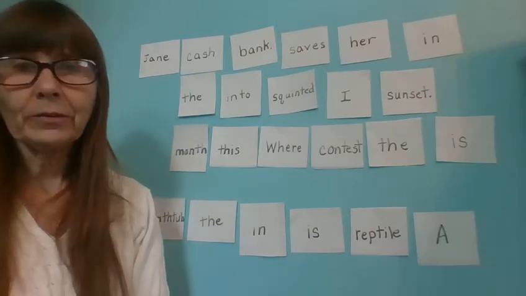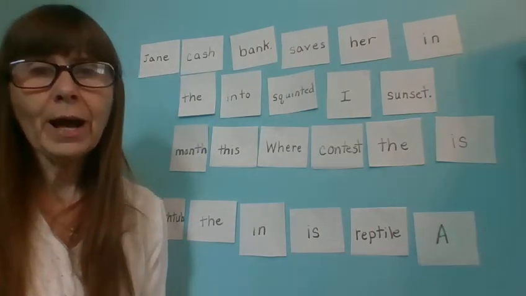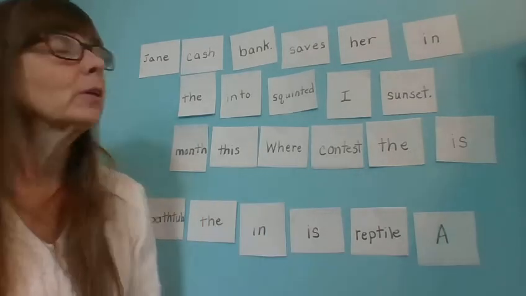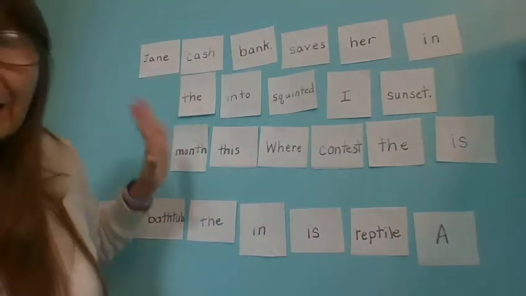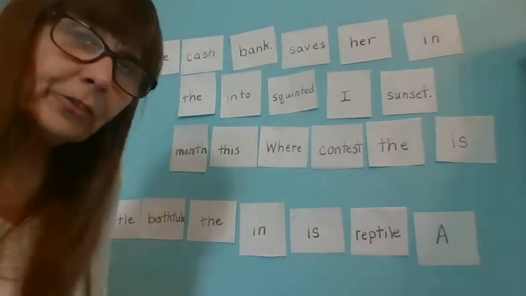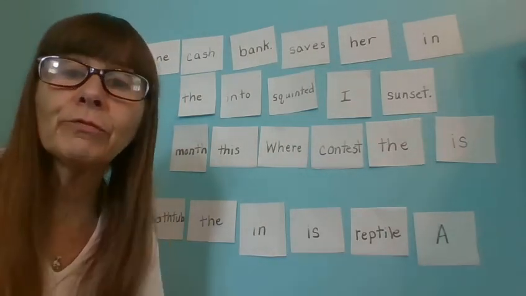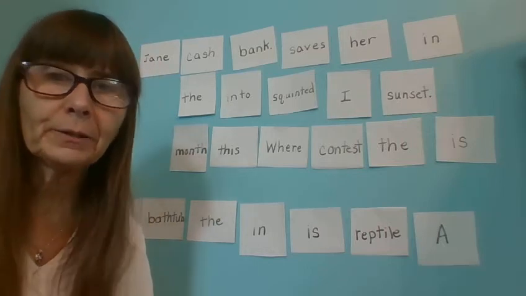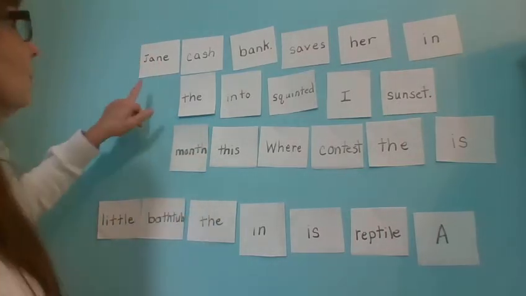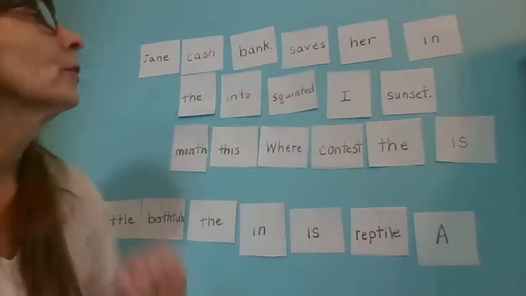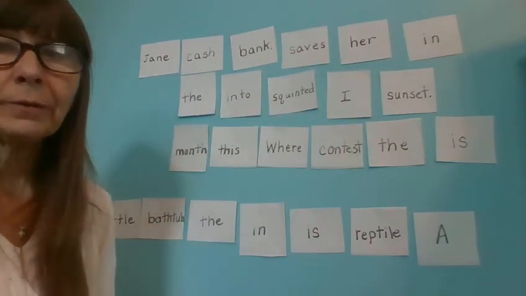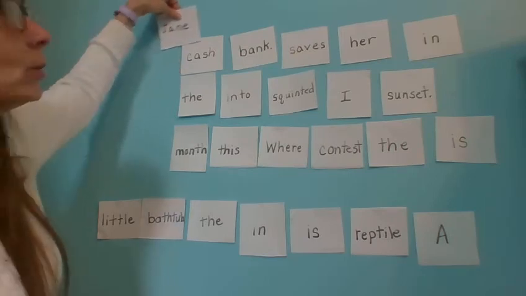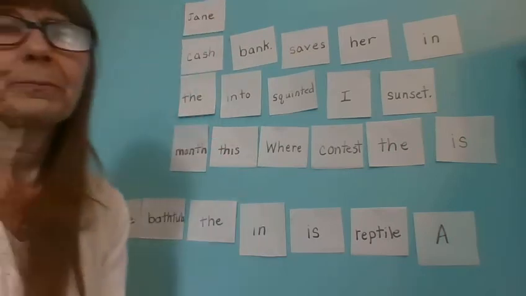That doesn't make sense. So we're going to try and figure out what would make sense with these set of words. So I gave you a little assistance. You know that the first word in a sentence like this has to begin with a capital letter. So if we look at all the words, there's only one word with a capital letter, and that's Jane. So we're going to have Jane be our first word in the sentence.